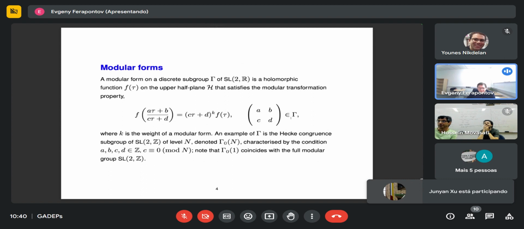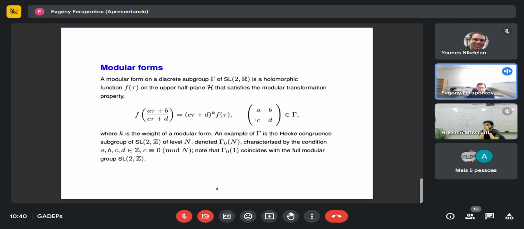And in my talk, I will be mainly interested in these congruence subgroups, gamma 0 of n, the discrete subgroup where C is divisible by n, C is congruent to 0 mod n. So in particular, gamma 0 of 1 is just SL2Z. Okay, this you all know.